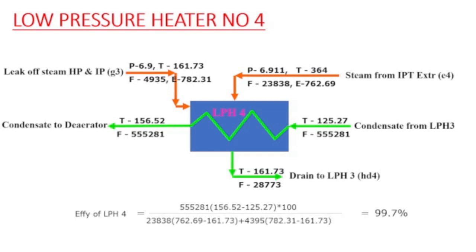The flow is the same, and LP heater number 4 also gets the leak of steam from HP and IP, that is G3. So that leak of steam is also added into LP heater 4, which heats the condensate. The drain of this heater goes to LP heater number 3 through the HD4. If you calculate the efficiency of LP heater 4, it comes out to be around 99.7%.